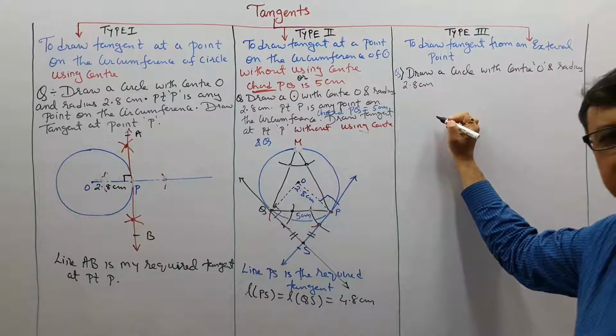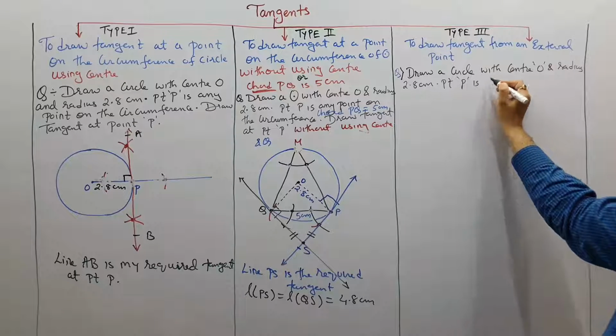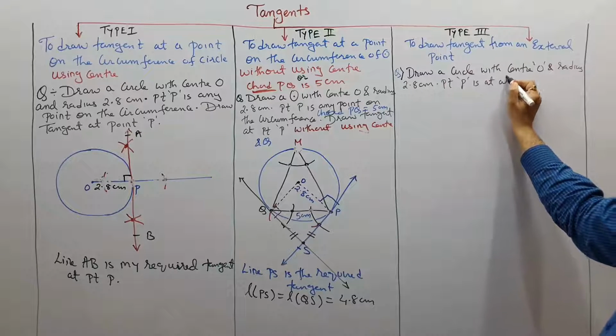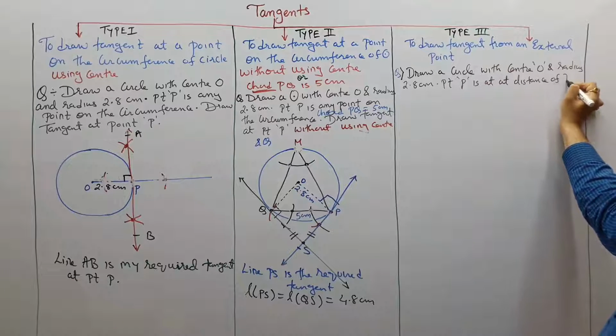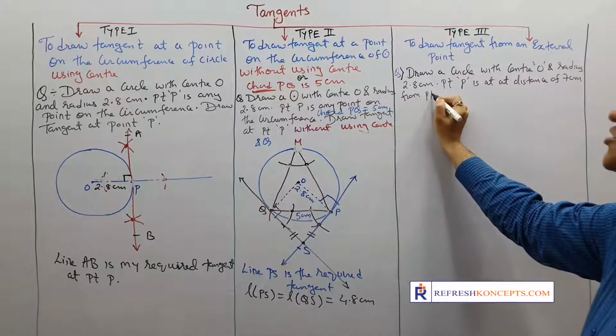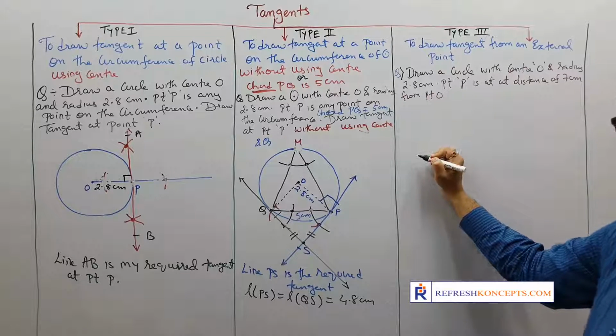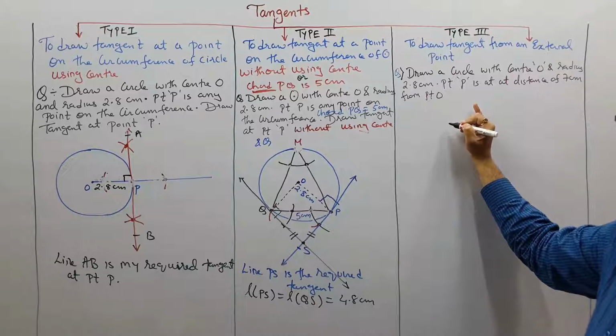I'm keeping the radius same. Point P is at a distance of 7 centimeter from point O.